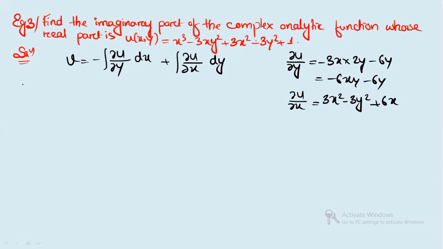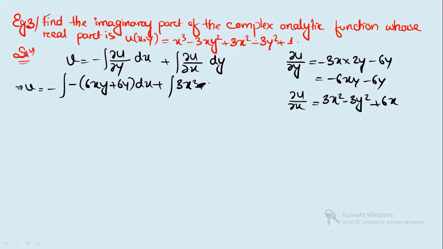Now just substitute here. v will be equal to, for del u del y there is a minus sign here, take the minus common, you can write it as 6xy plus 6y dx, plus del u del x, which is 3x square minus 3y square plus 6x dy.